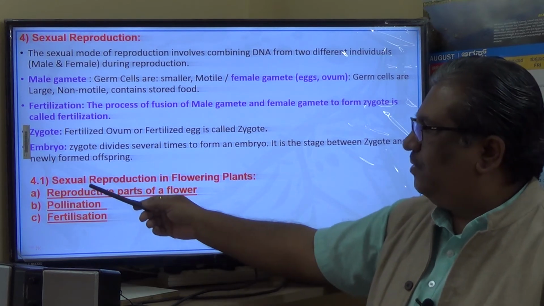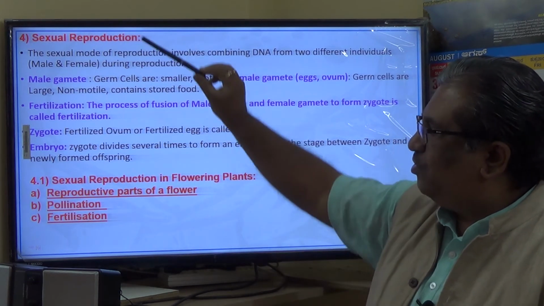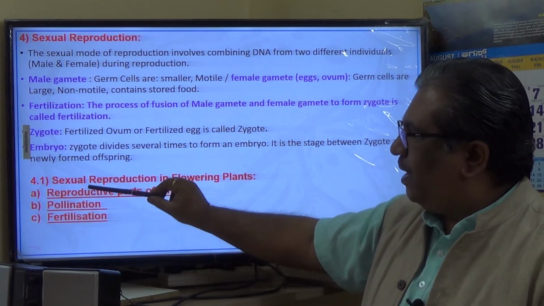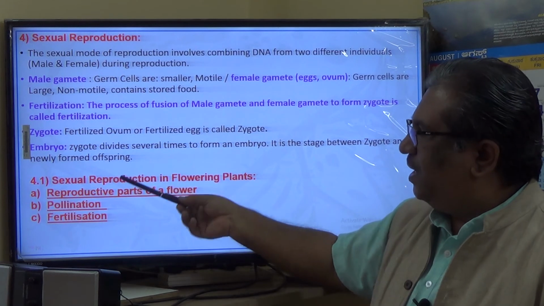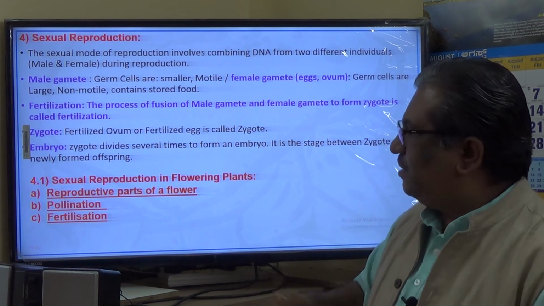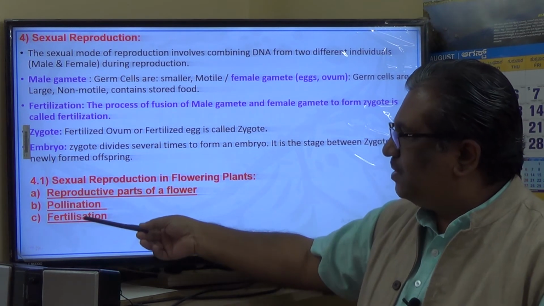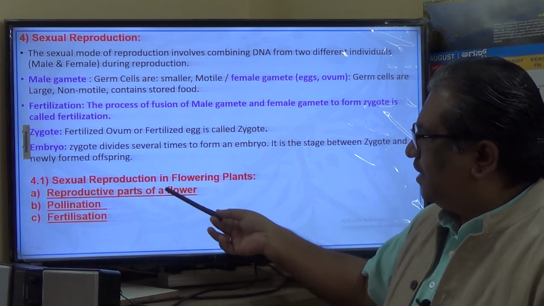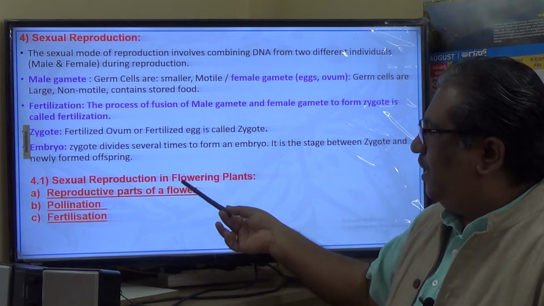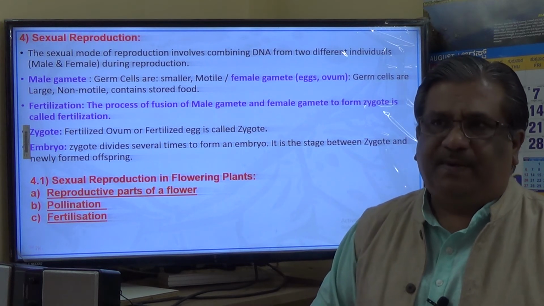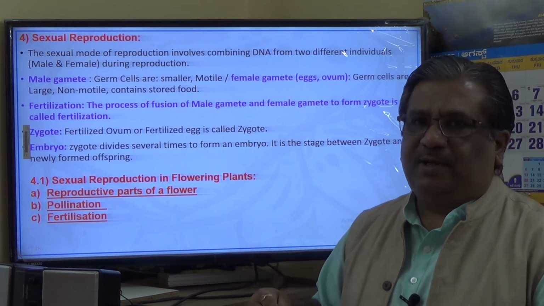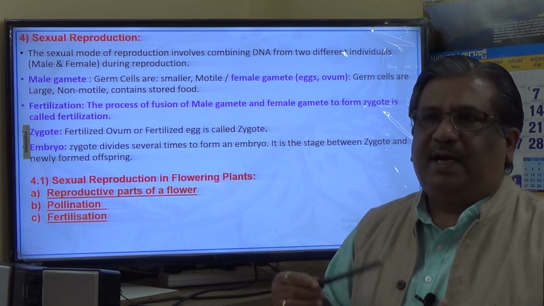Let us have a look at the first one. Under sexual reproduction, we will have a look at sexual reproduction in flowering plants. We will study that first, and then we will go to human beings. There are three parts in understanding sexual reproduction in flowering plants. Flowering plants means all these are called angiosperms. Only that is there for our portion as a part of the syllabus, and we are studying only that.